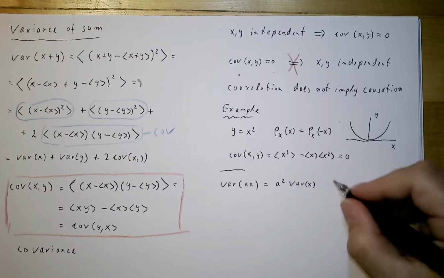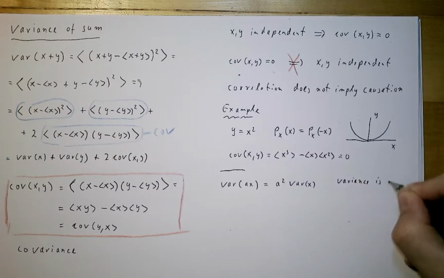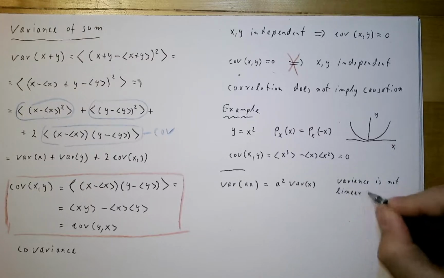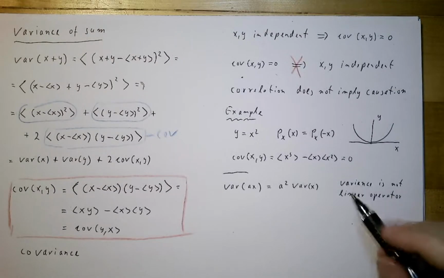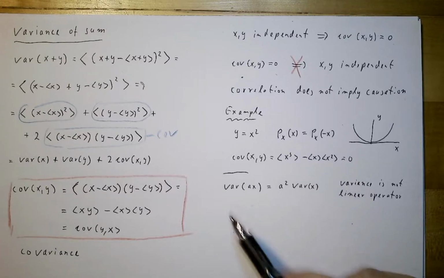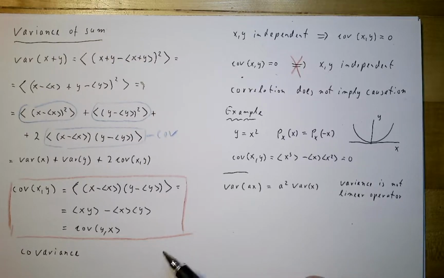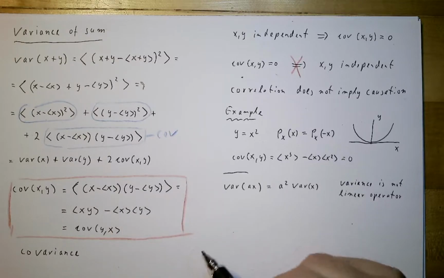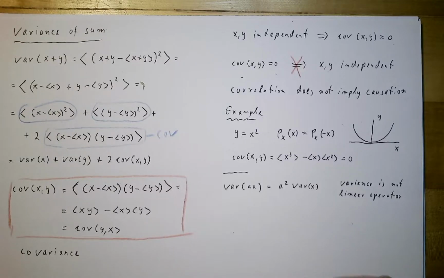So the variance is not a linear operator. And the same goes for the covariance. But sometimes when we want to analyze data, we want to normalize our measure so that it's independent of the variance of random numbers.